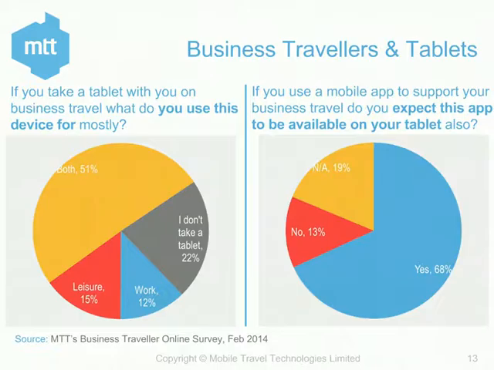And in terms of what your customers are expecting from their travel providers, there's an expectation that there will be a tablet application available, and that if they are going to interact with you on their tablet, they want a native application. We'll talk more about that later in the presentation: what are the ways to get onto tablet and engage with your customers, and what are the best ways.